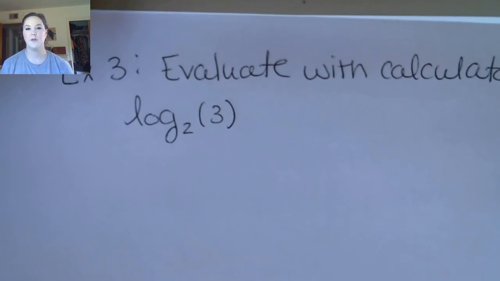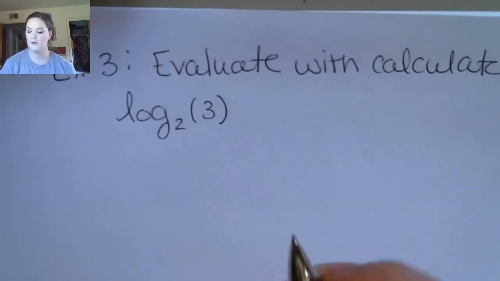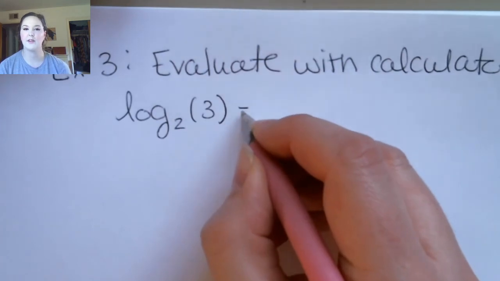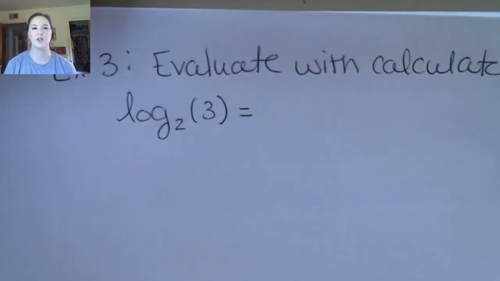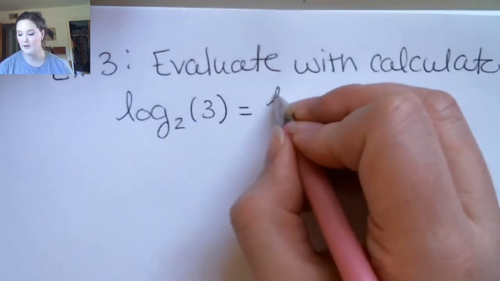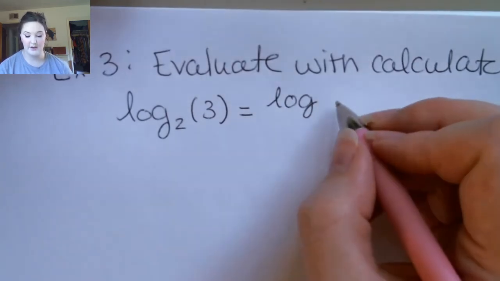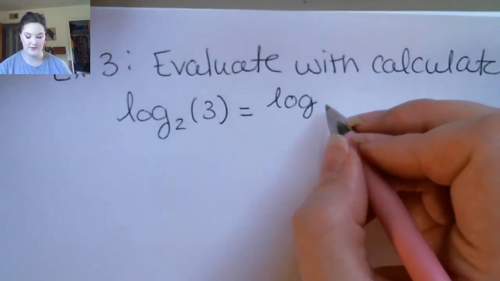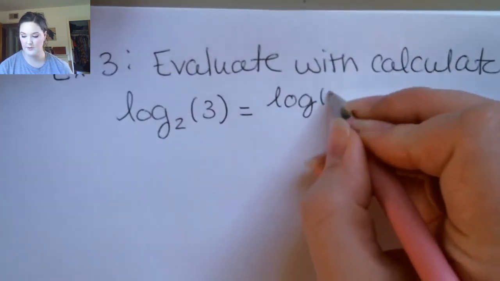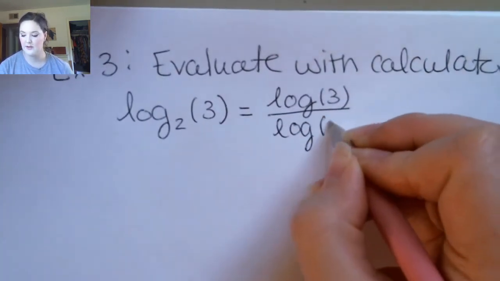Here you can see that we have log base 2 of 3. We want to evaluate this with a calculator. We're either going to change it to log base 10 or to natural log. Right now we're just going to change it to log base 10. So we get log base 10 of the interior part, which is 3, over log base 10 of 2.